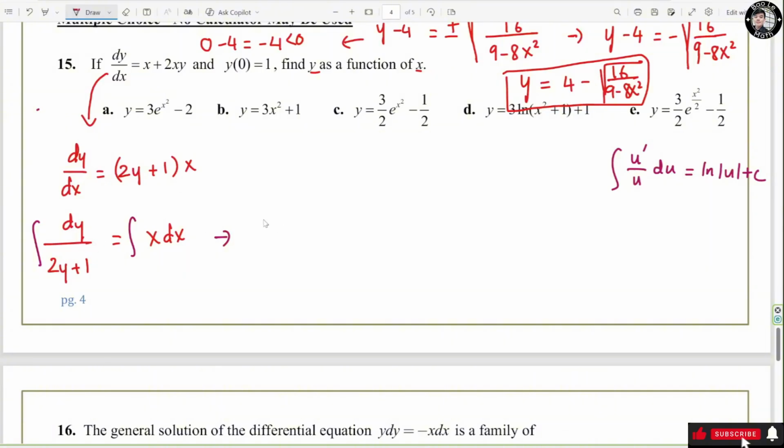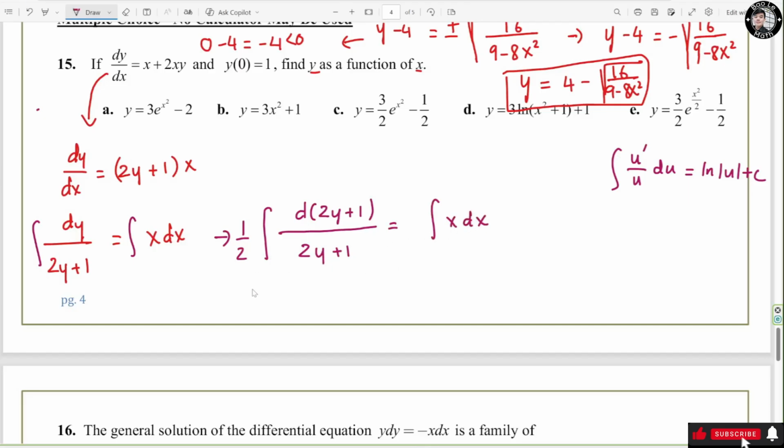So I rewrite the antiderivative of dy as d(2y plus 1). When I take the derivative of this one, I actually have 2, so I need to divide by 2 right here so that nothing changes, over 2y plus 1, like that, equals the antiderivative of s ds.